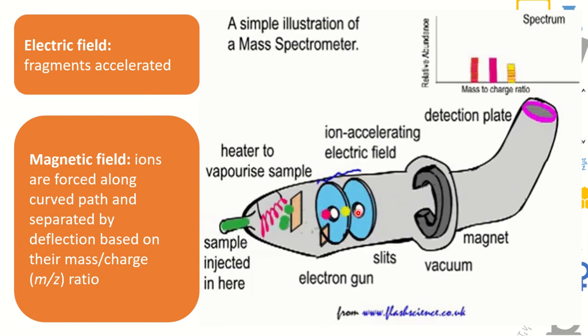You can see there are little holes in between here, so this allows the ionized molecules, or fragments, to be accelerated through this slit. As it's moving really fast, this allows the magnetic field to bend it in a particular direction, or cause it to have a separate force.